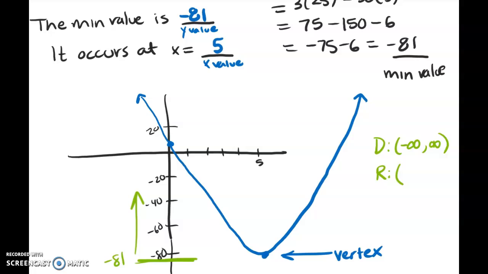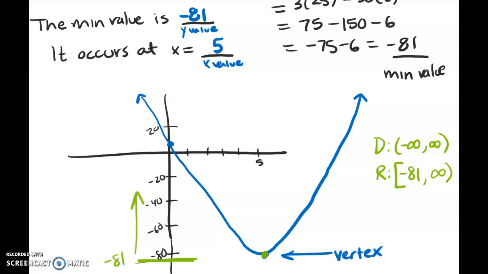So the lowest it goes is negative 81, and then it continues upward forever, so to infinity. And I would put a bracket here because it has a point here. So it includes negative 81, and then everything above it. And so that's how I'd answer part C, which asks for the domain and range.